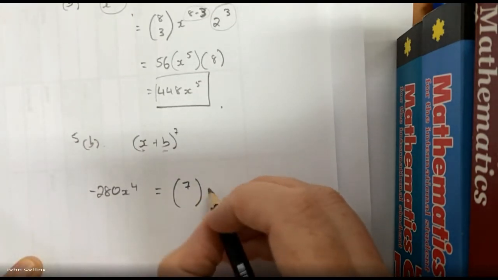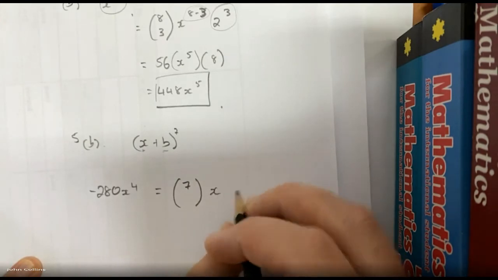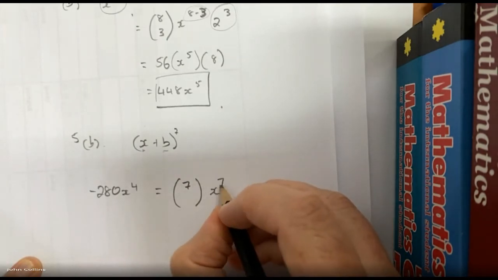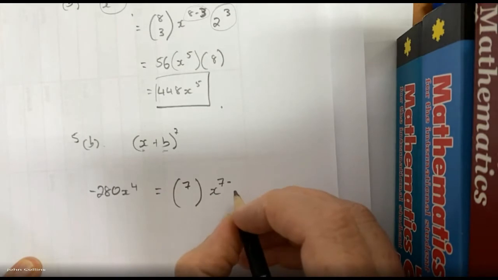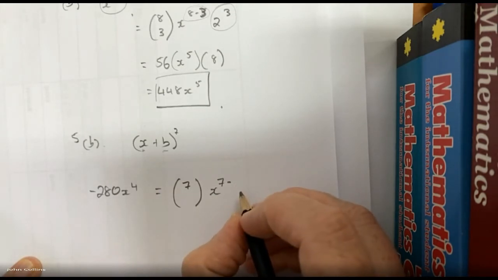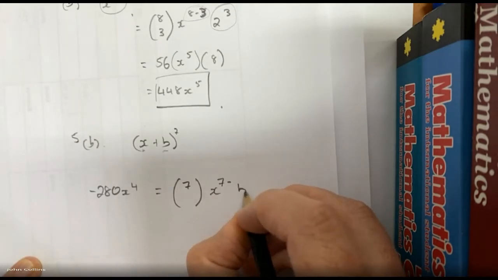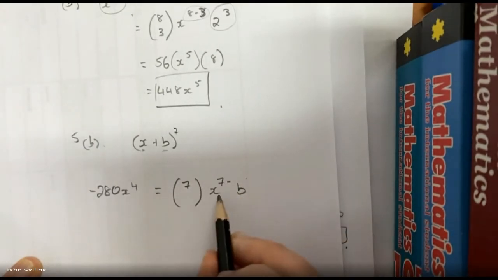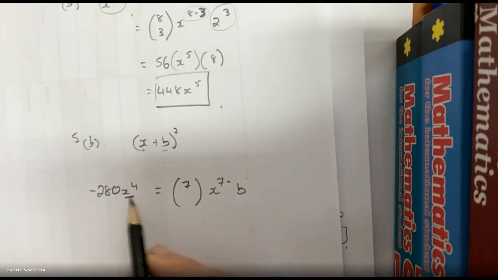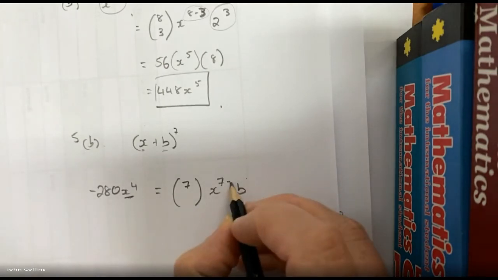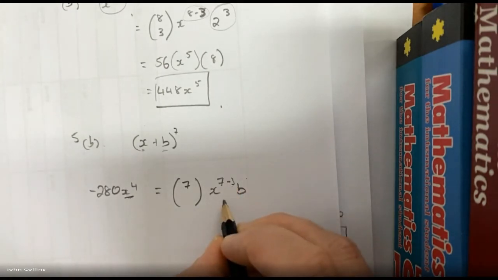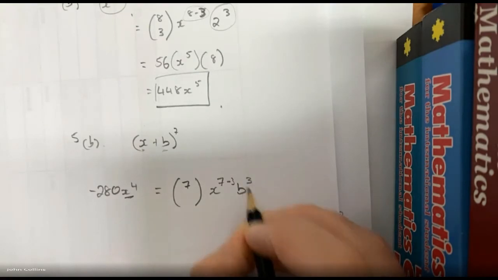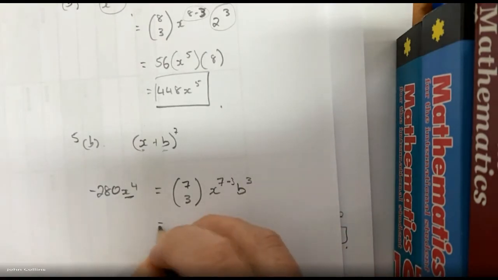I'll just leave that blank for a second. x needs to be to the 4, so that's going to be 7 take away something to make 4. I think it's going to be 3 again, isn't it? And that's going to be b to the power of something. Remember, if I have to make x to the 4, it has to be 7 take away 3 to make x to the 4. So if that's 3, that's 3, that's 3.